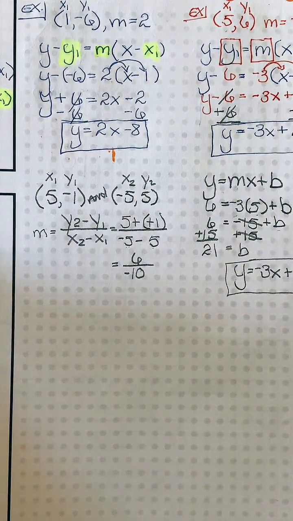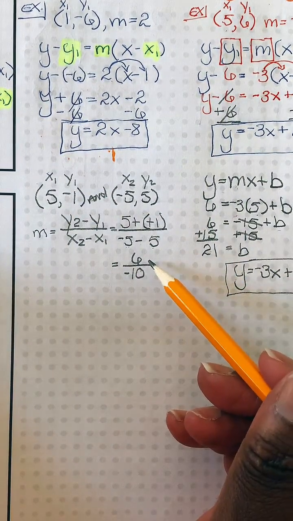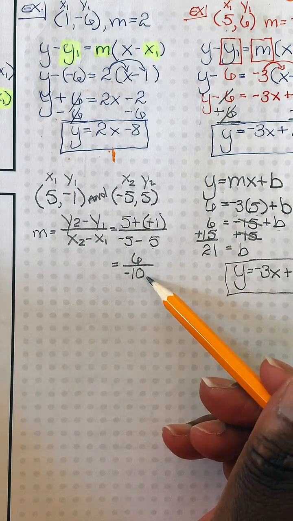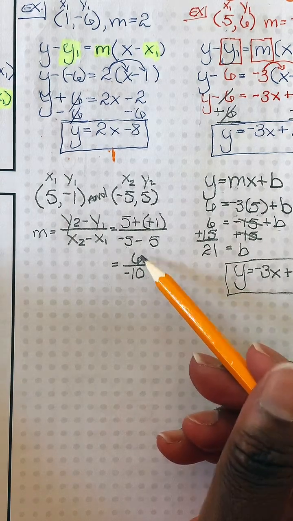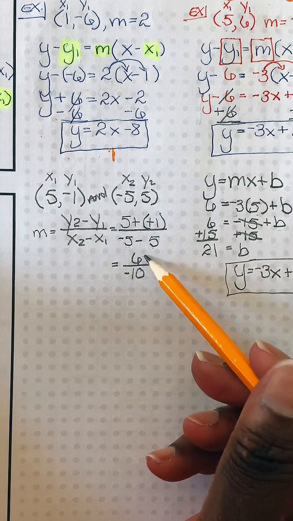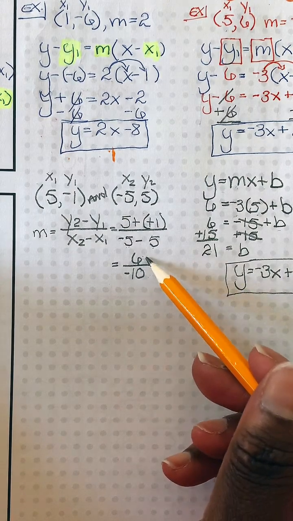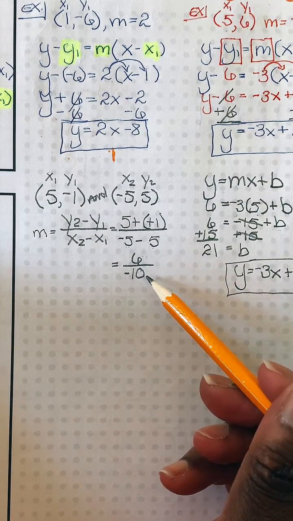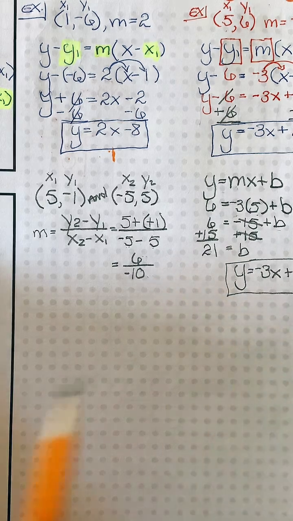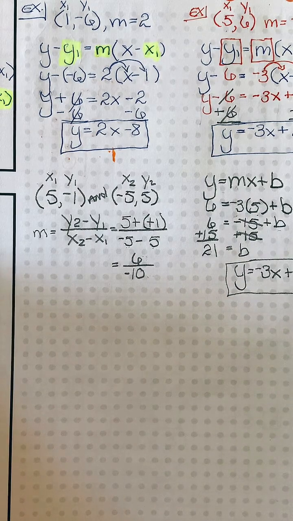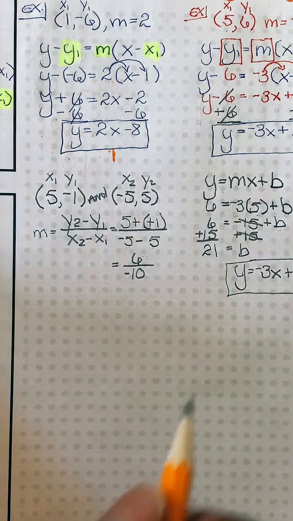All right? So 6 over negative 10. This you can keep, but let's see if we can simplify. What can we simplify 6/10 down to? Simplify it by what? Good.